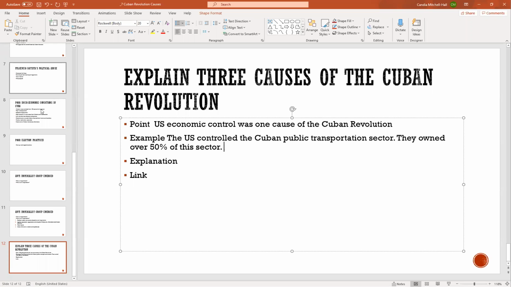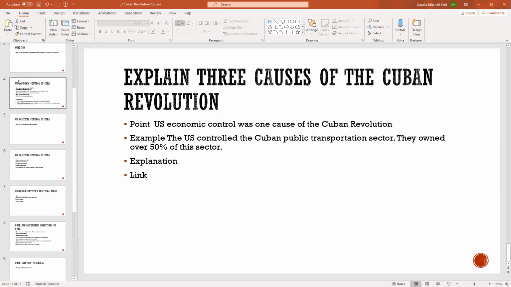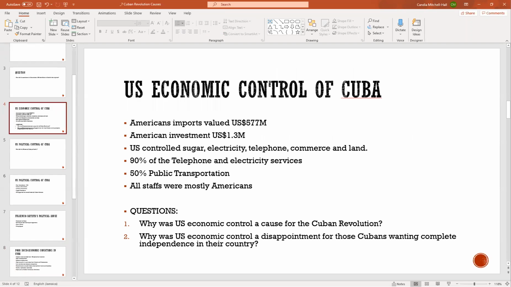Now, the question I want to ask, which is the explanation, is: why was US economic control a cause for the Cuban Revolution? Or why was US economic control a disappointment for those Cubans wanting complete independence in their country? Miller, go ahead.